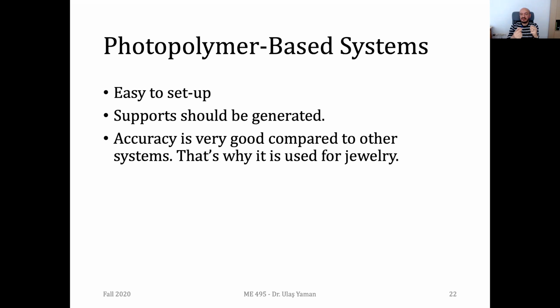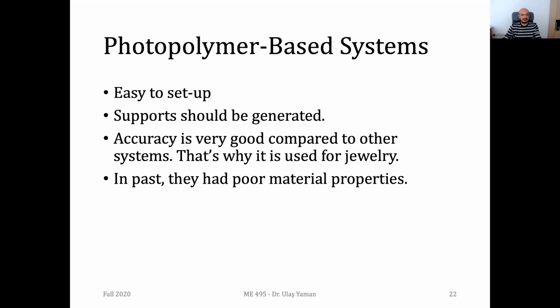They evaporate this mold so that there will be a cavity inside the plaster, and then simply pour the metal they are looking for, gold or silver, up to their design. But the accuracy is much higher, and that's why such industries are using these photopolymer-based systems.